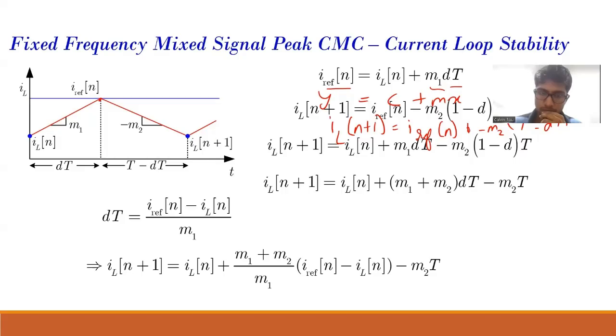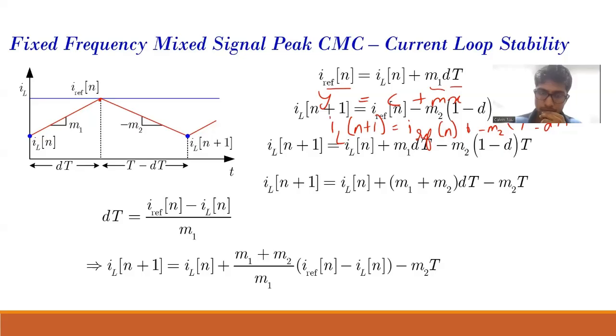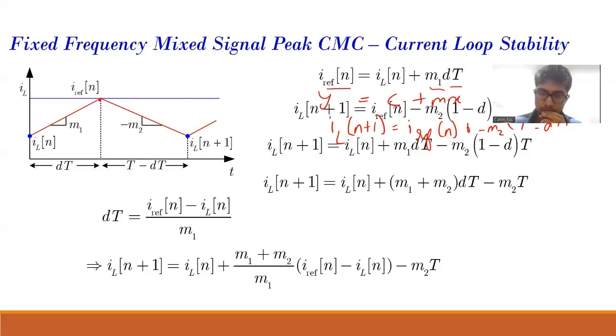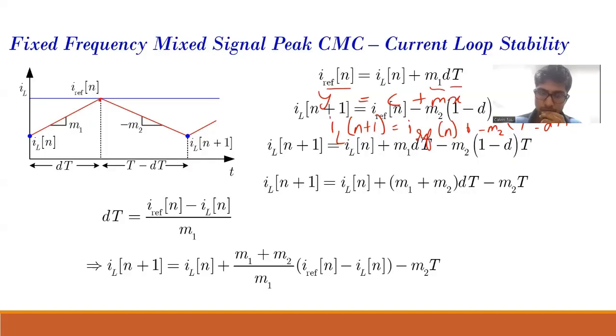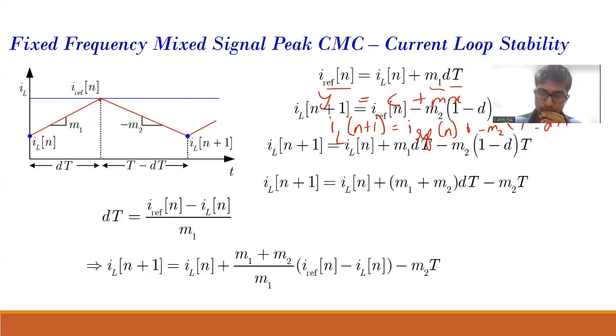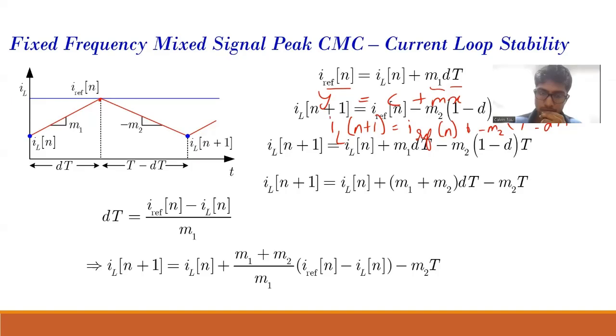Now we do not know whether this operation is happening because of the spike or because my reference is very low. If my reference was very low, it would reach this value and it would reset. But we don't know whether it is because the reference is very low or because there has been a spike. And that spike will result in a spurious turn off, which is not as intended by my closed loop.